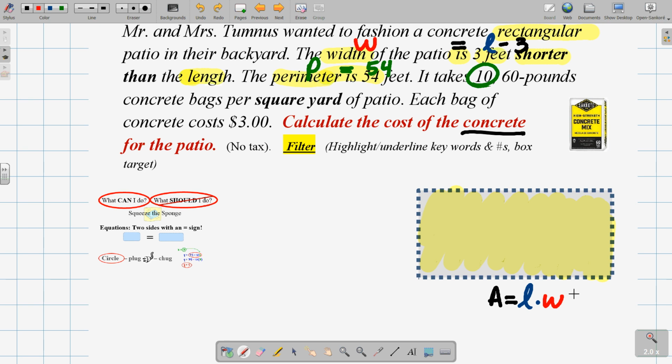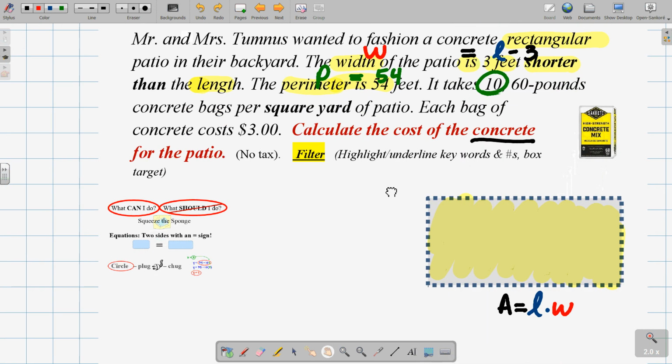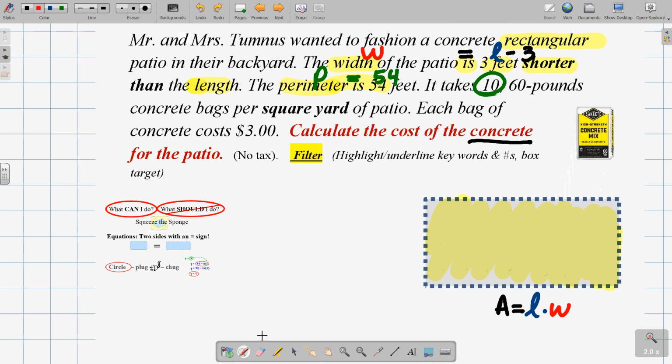Now, as we account: draw, label, list, cross out. Let's label our diagram. Width, length. The width is 3 feet shorter than the length. So the width is whatever the length is minus 3 feet.